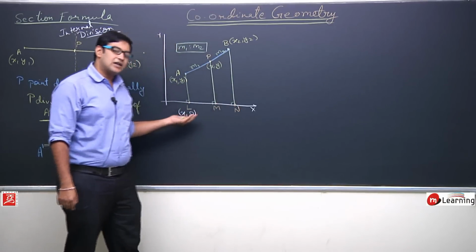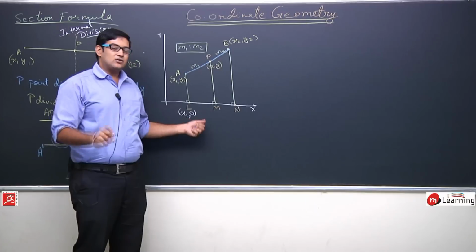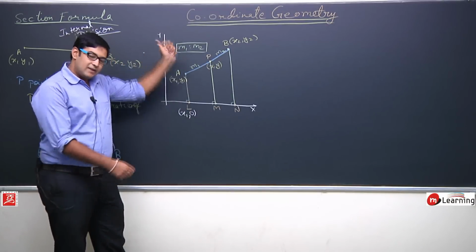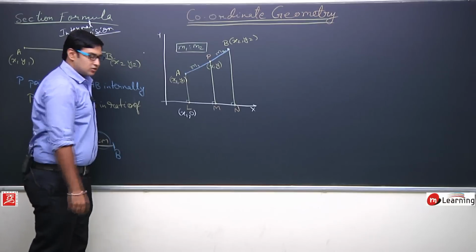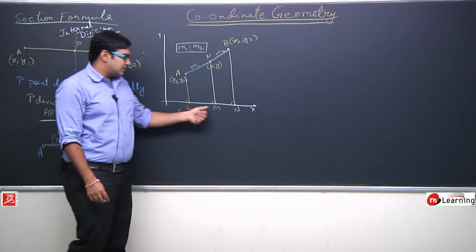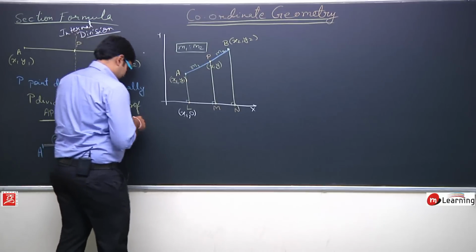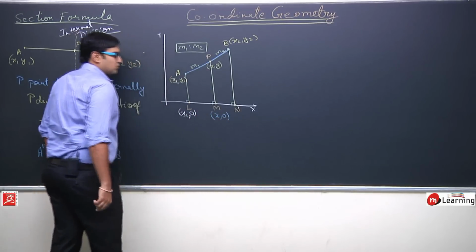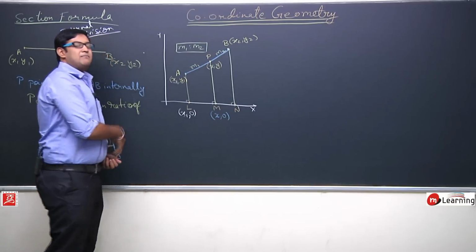L lies on the x axis, therefore its y coordinate will be 0, and the x coordinate will be x1 because A and L lie on the same perpendicular. So if the x coordinate of A is x1, then definitely the x coordinate of L should also be x1. Now similarly, what about the coordinates of point M? The coordinates of point M will be x, 0. Now why is it x? Because P and M are lying on the same perpendicular.